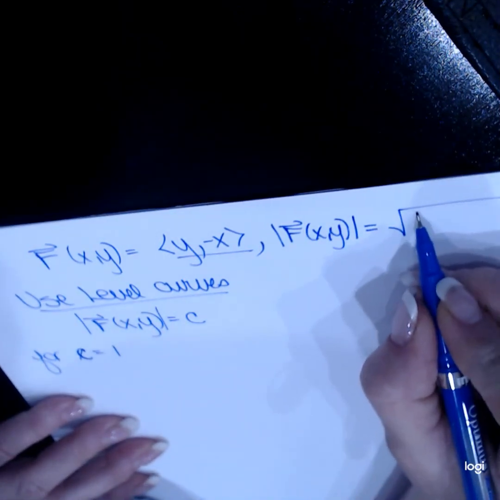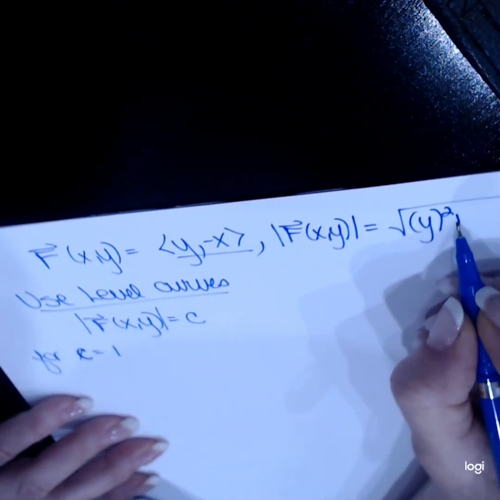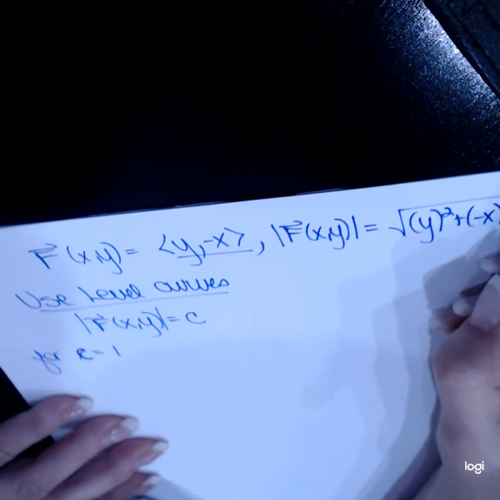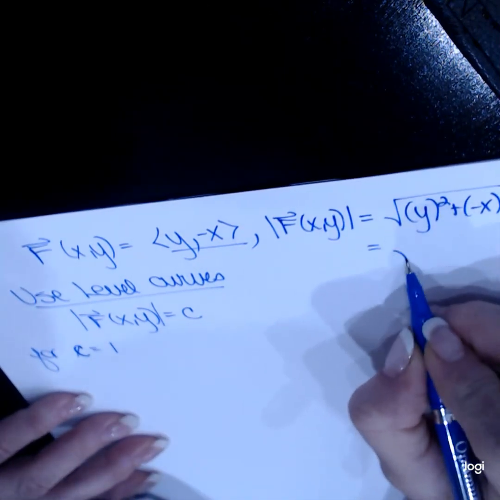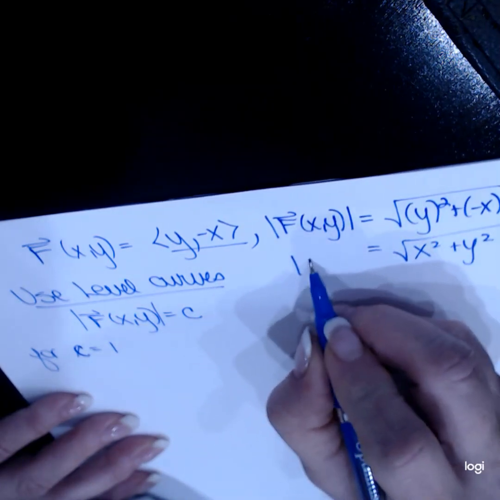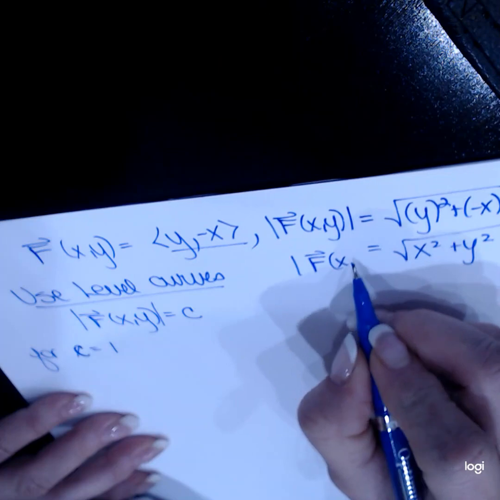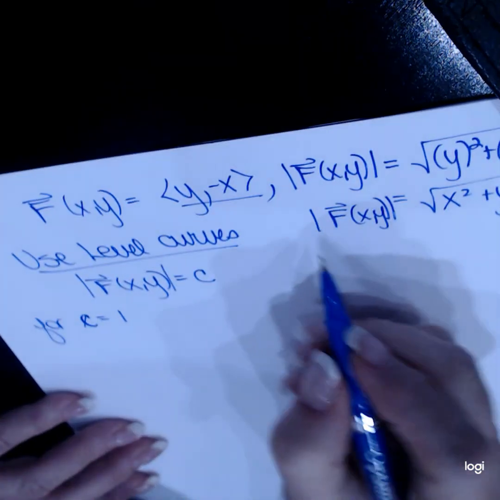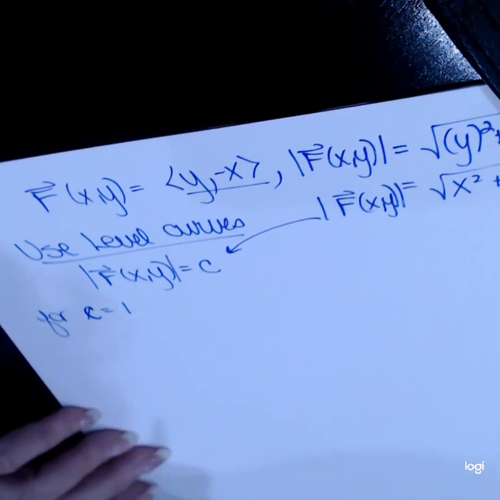So it is going to be the square root of y squared plus negative x squared, or simply the square root of x squared plus y squared. So this is what the magnitude of this vector field looks like. And then we're going to take that and set it equal to some constants.